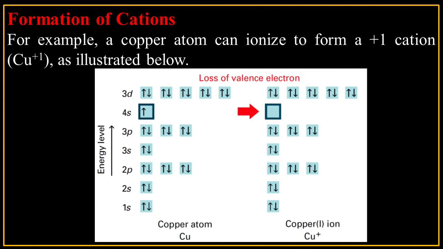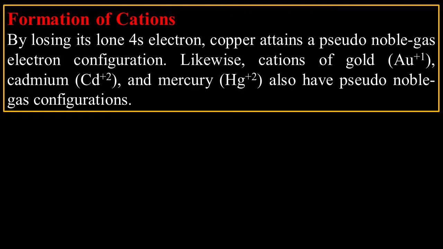Formation of cations, continued. For example, a copper atom can ionize to form a +1 cation, as illustrated. So that's what happens. When you're talking about the off-bow filling, that has to do with looking at energy differences to make something lower in energy, more energy stable.